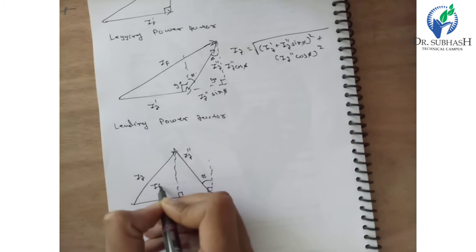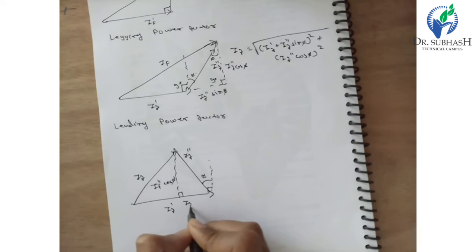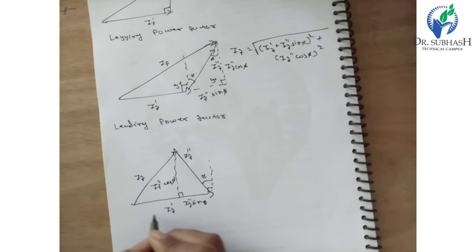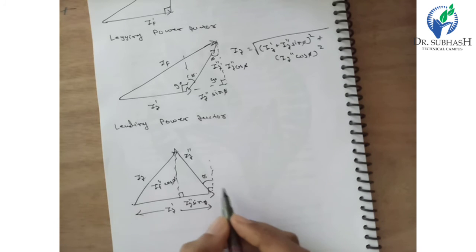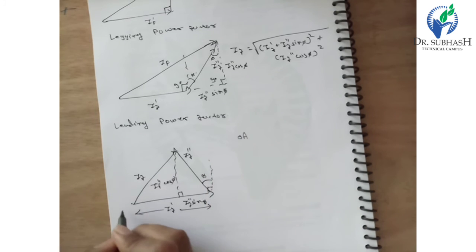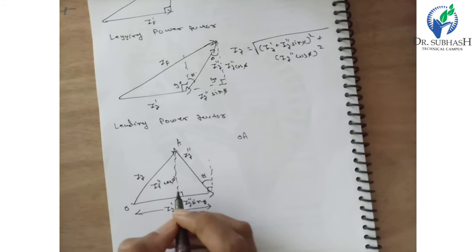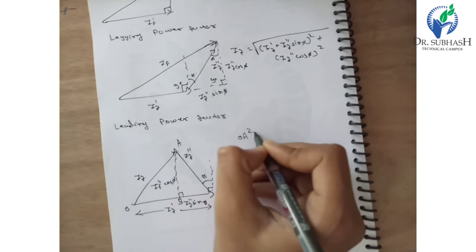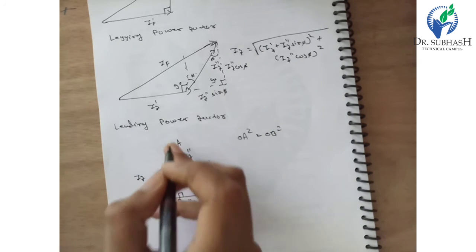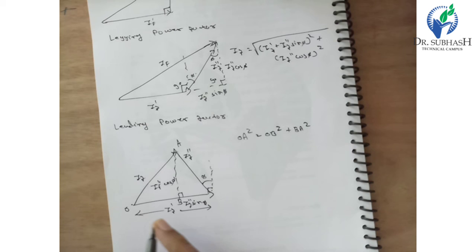So here the IF double dash cos phi and IF double dash sin phi values, and IF is the total of these phasors. In analytical form, we write the points O, A and B. The value of OA square is equal to OB square plus BA square, so OA is equal to root of OB square plus BA square.